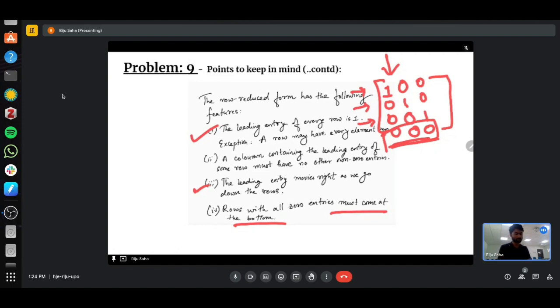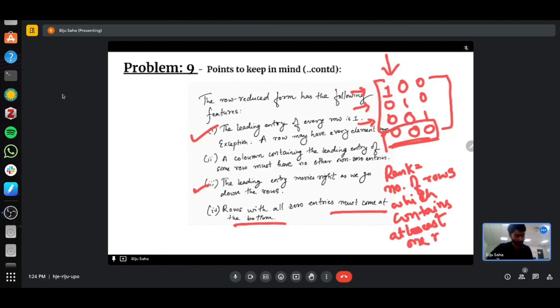Once you bring a matrix down to a row reduced form, you can find its rank. The rank of the matrix is the number of rows which contain at least one non-zero element.